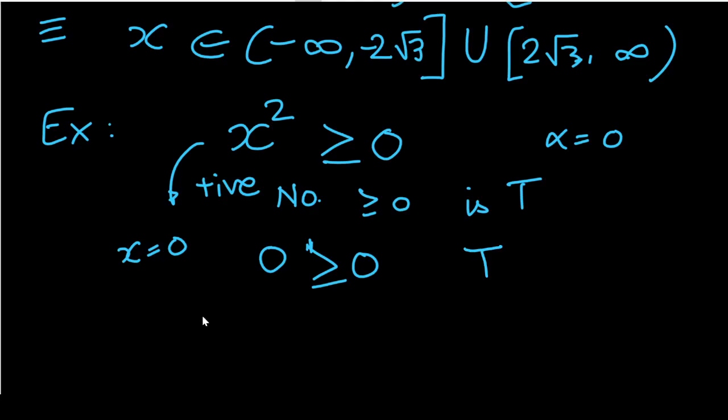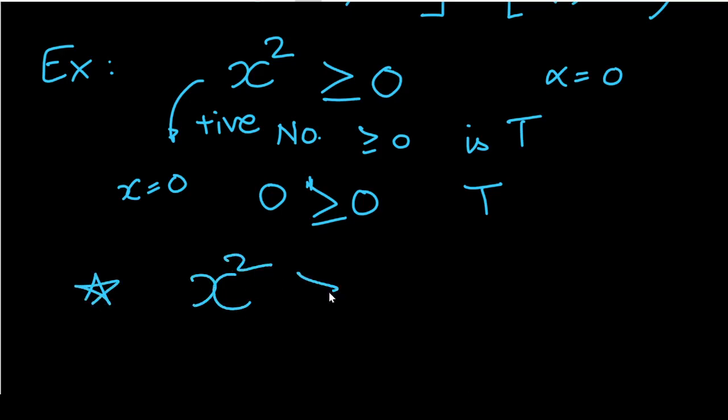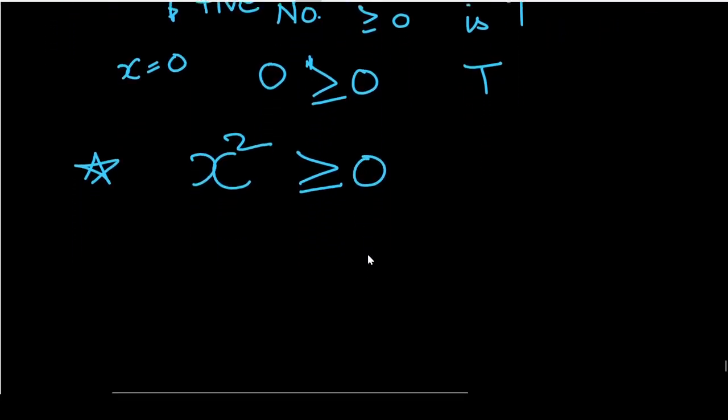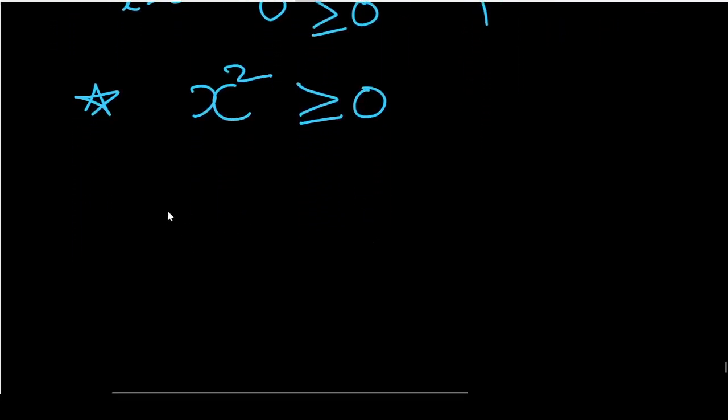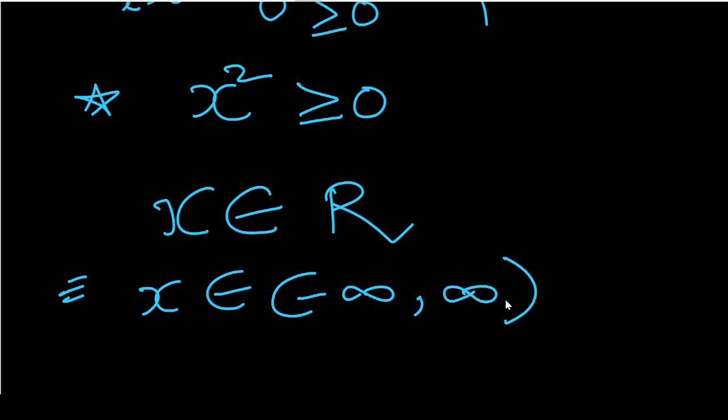So x square greater than or equal to 0 is basically an identity, which is x belongs to R, equivalently x belongs to minus infinity to plus infinity, satisfied by all real numbers.